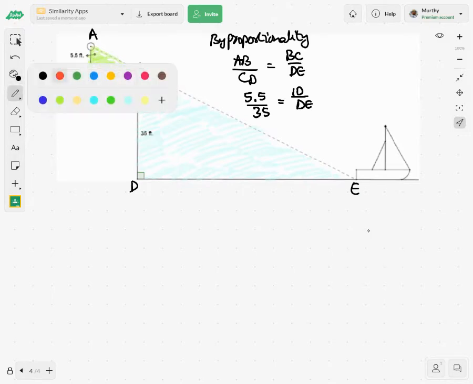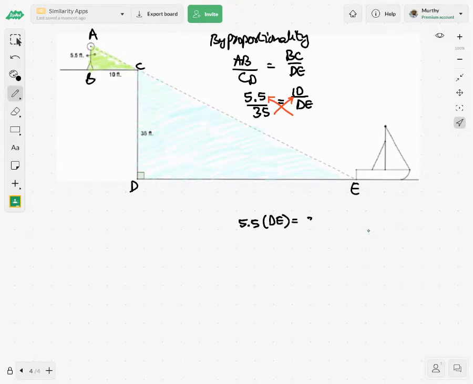At this point we have to go for cross multiplication. Then the calculation goes this way: 5.5 times DE equals 35 times 10. You know how to isolate DE, so we divide by 5.5.